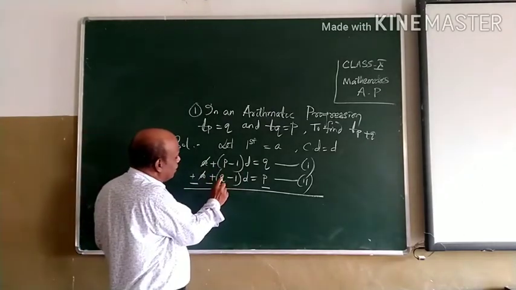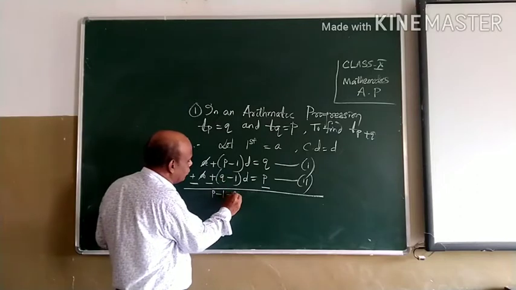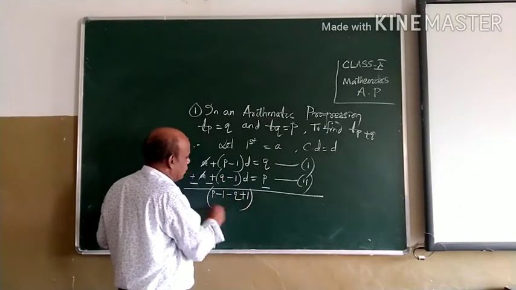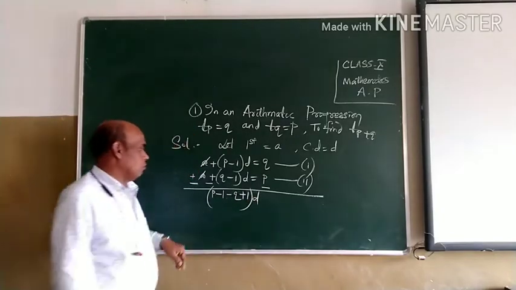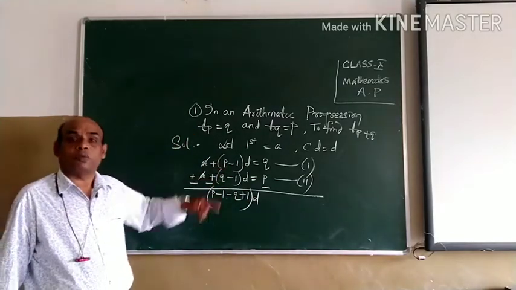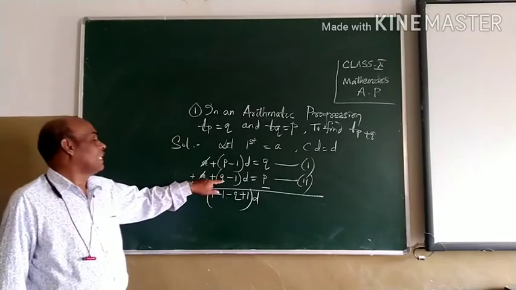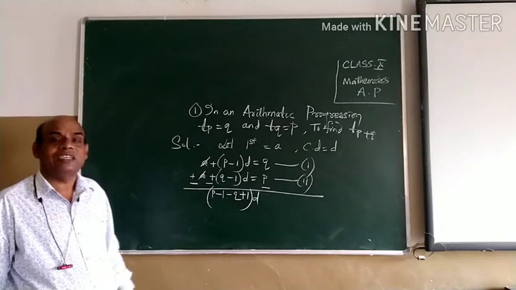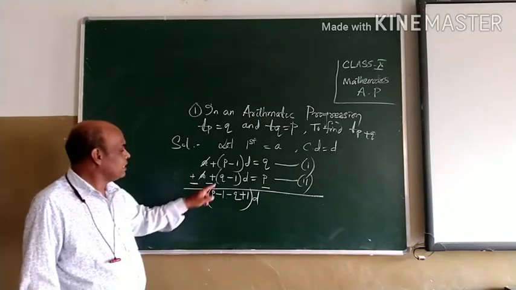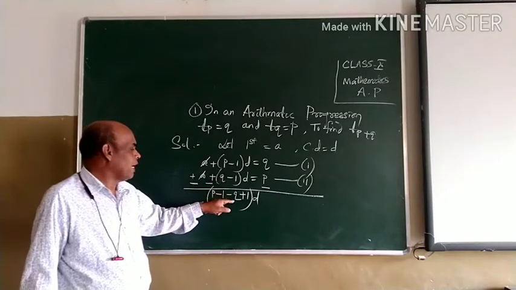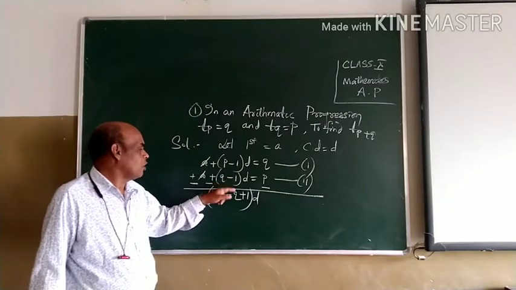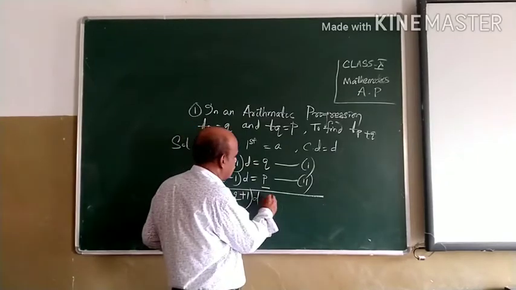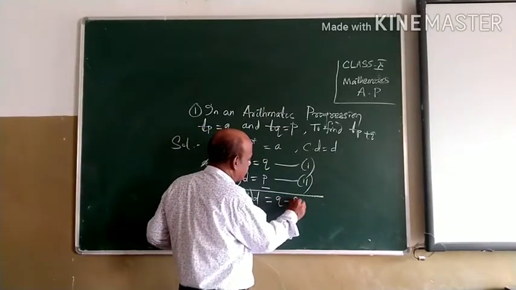(P minus 1), this plus Q will be minus Q and this minus 1 will be plus 1, into D. Because we know whenever we do subtraction, the sign of the number which is going to be subtracted will be changed. Here plus Q will be minus Q, here minus 1 will be plus 1, and D is common. So we got Q minus P.